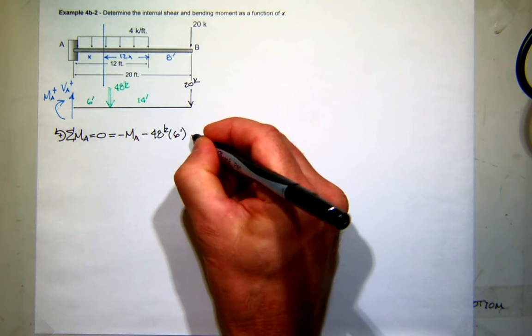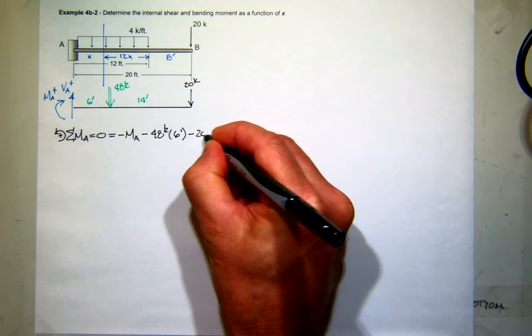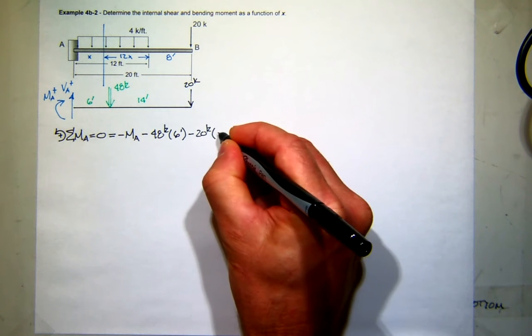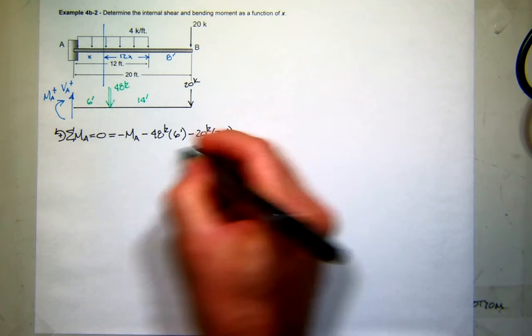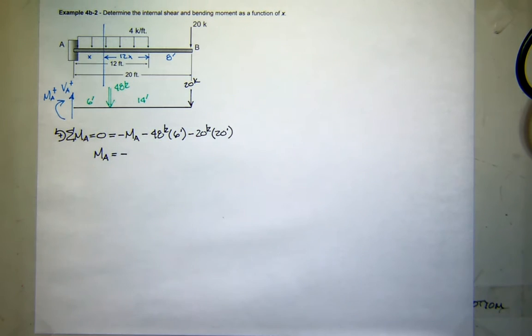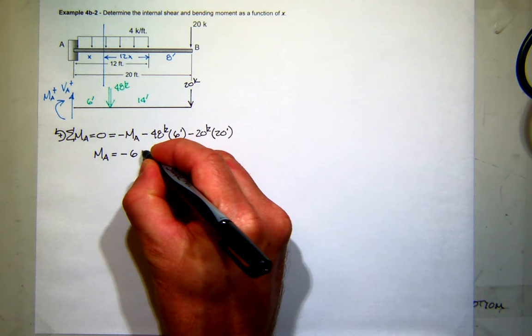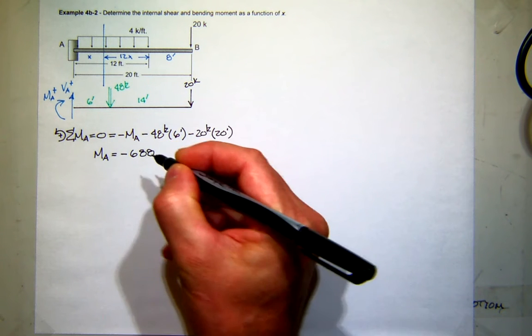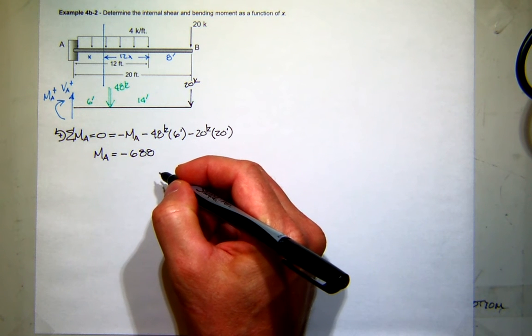And this 20 kip creates negative moment. And it has a moment arm of 20. So when I solve for my moment at A, I get a negative. I have no idea what that's going to be. Somebody help me out with that. 688. 688 kip feet? Is it point something or no? Nope.